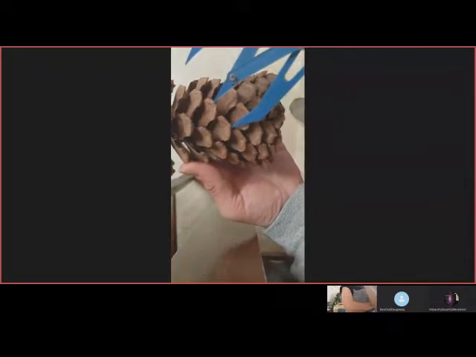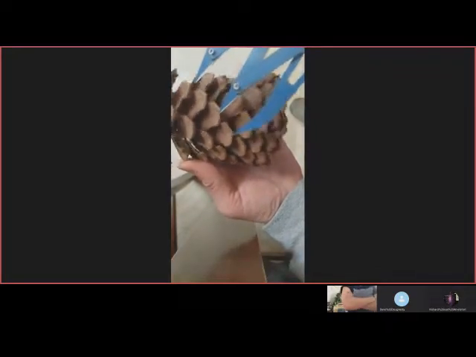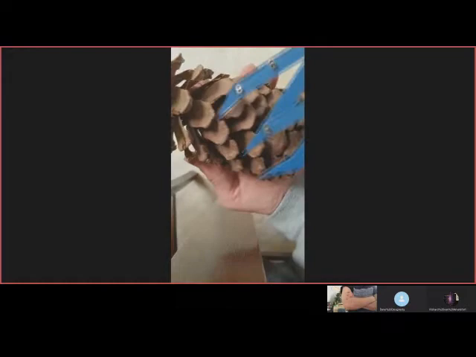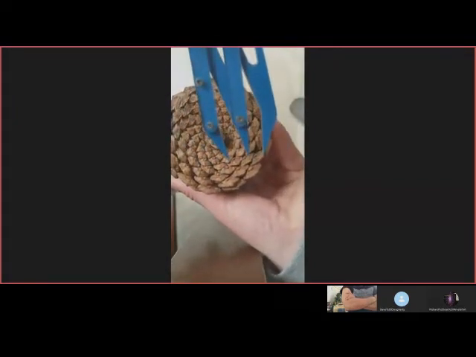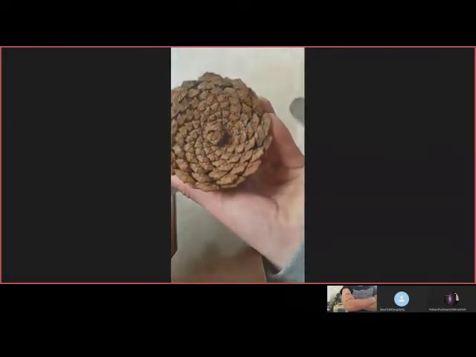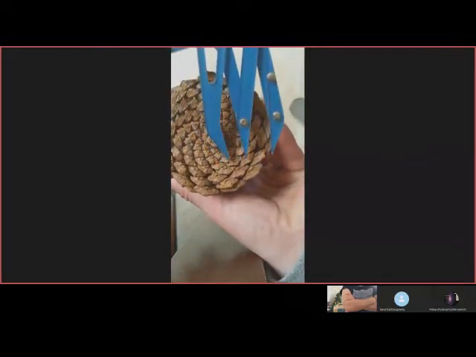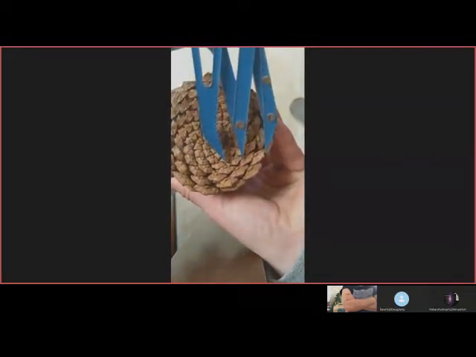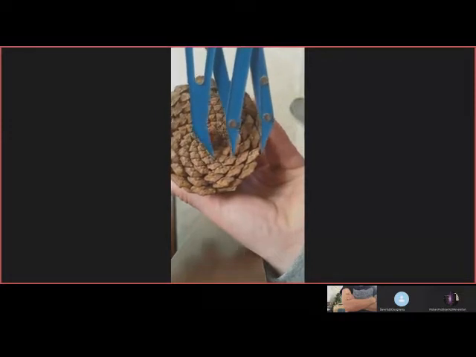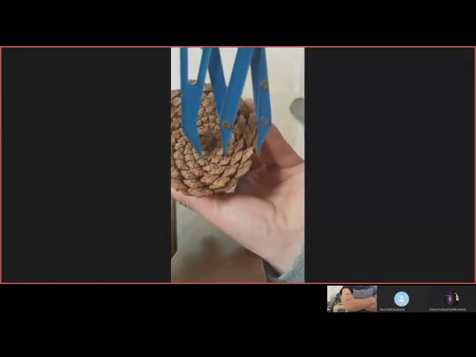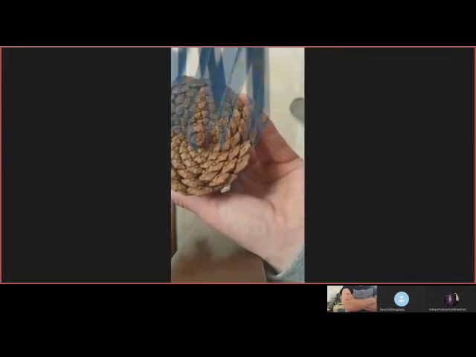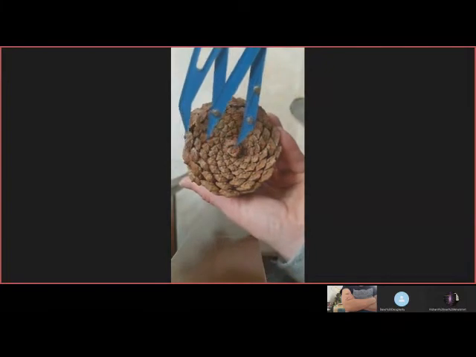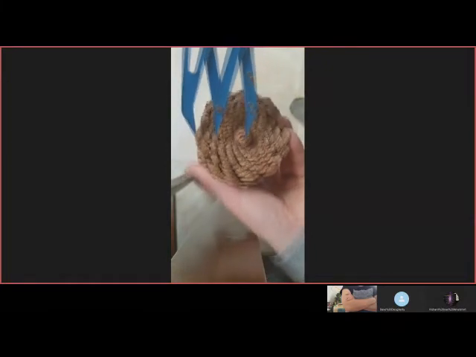I measured it a few times, and then I turn it over and do the same kind of thing here, just showing that there's a scaling rate in any manner inside of this particular type of pine cone. There's 2 to 1. There's 2 to 3. Center to the outside.